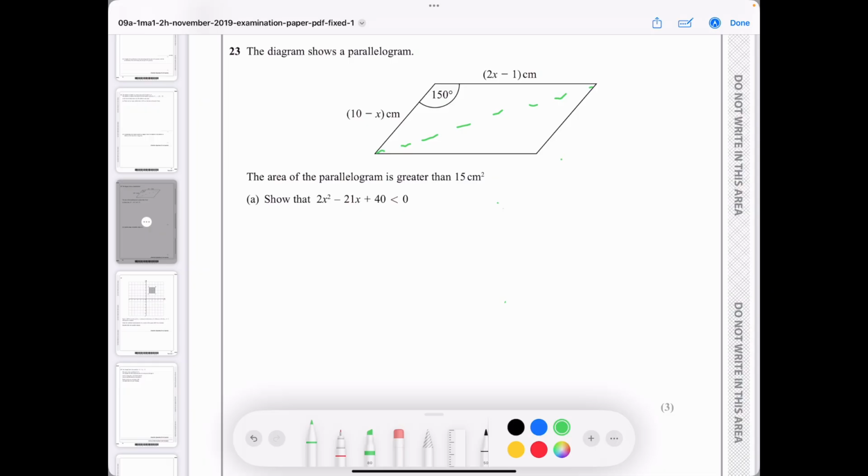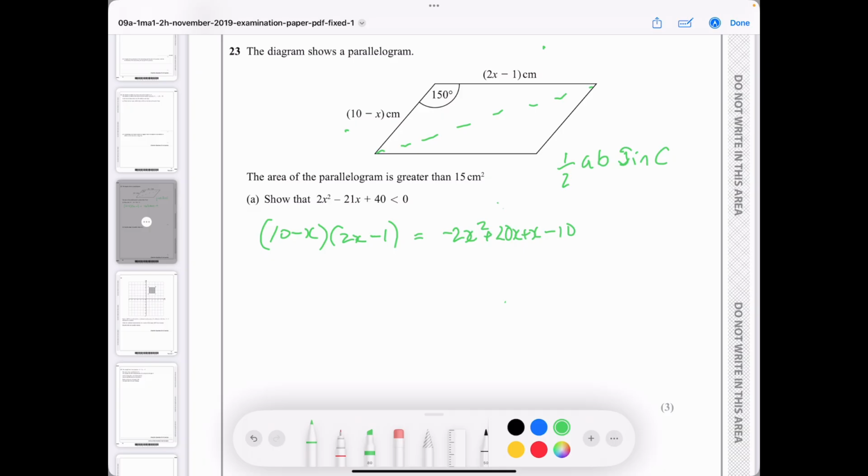And the area of any triangle is half ab sine C. So that means we get a times b, which is 10 minus x times 2x minus 1, which gives us minus 2x squared minus 10 at the end plus 20x plus x, which is minus 1 times minus x. So that gives us that.